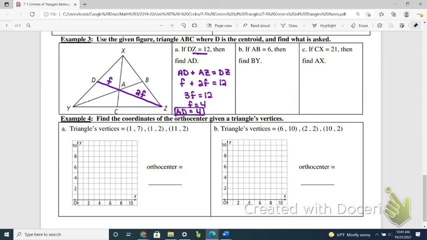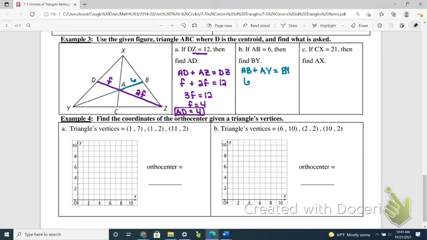B, AB equals 6. Okay, so here's AB. So that's 6. So I know AB plus AY is going to equal the whole line, which is BY.